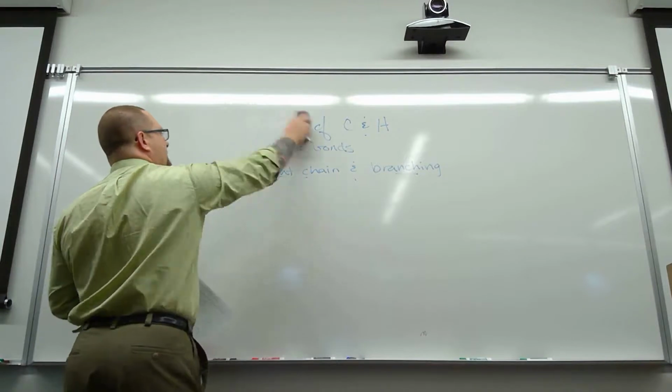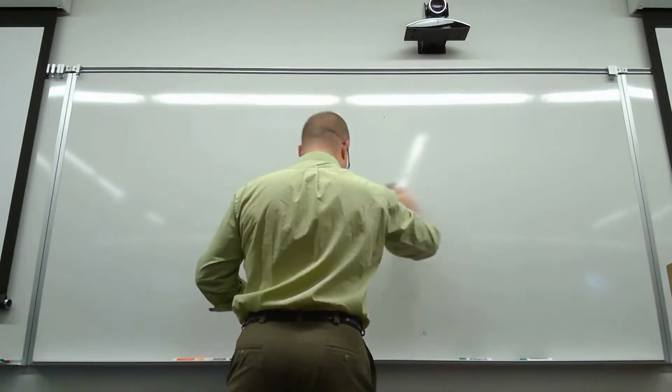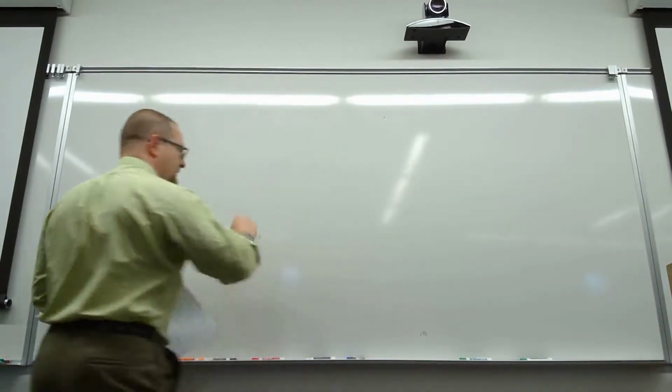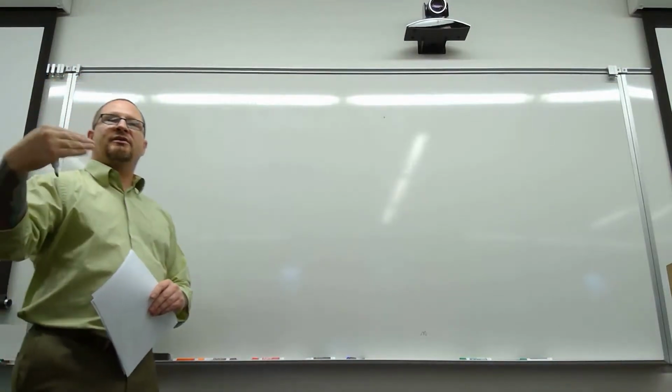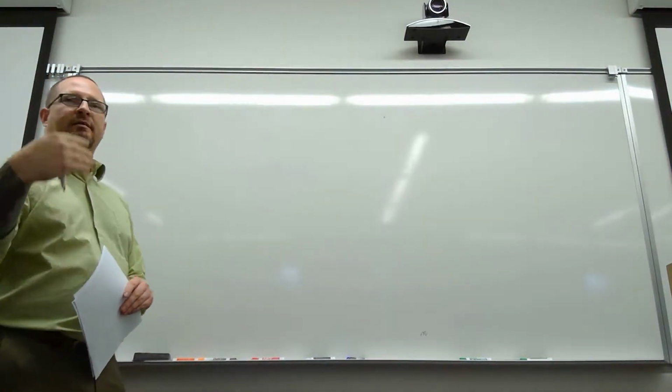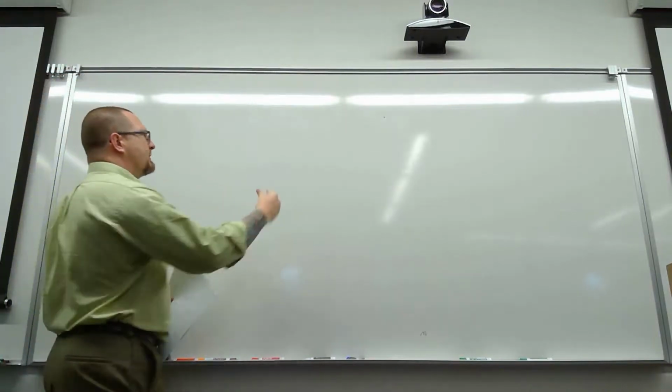So a homologous series is just a series where we're adding a carbon sequentially to something of the same chemical identity over and over and over.